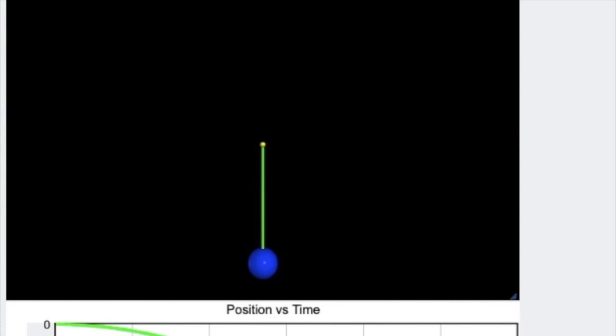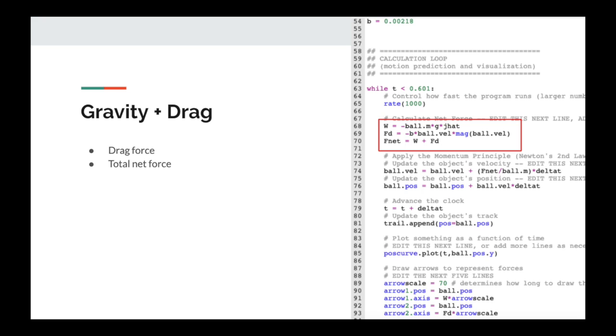For the second model, I added the drag force, which is equal to -b times the velocity squared. The total net force is then edited to include both the weight force and the drag force in this model. I calculated a b value of 0.00218 using a guess and check method to make the final position value of this model equal to that of the experimental observations.